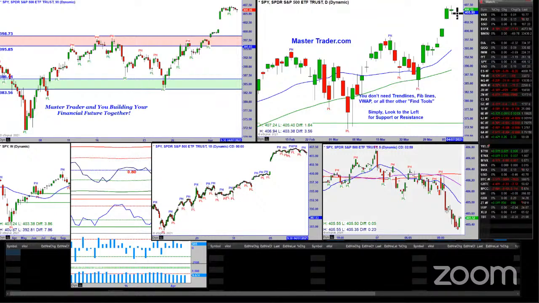So it's traded down to 405.40. It's not below 405. What is this low? It's 405.40. Lo and behold, look to the left. That's yesterday's low. That's the prior day. So it's holding near that prior day's low for now.